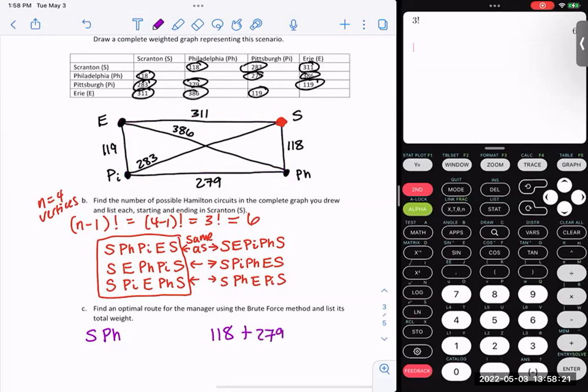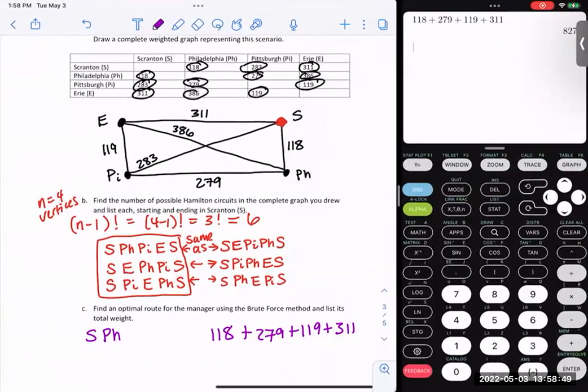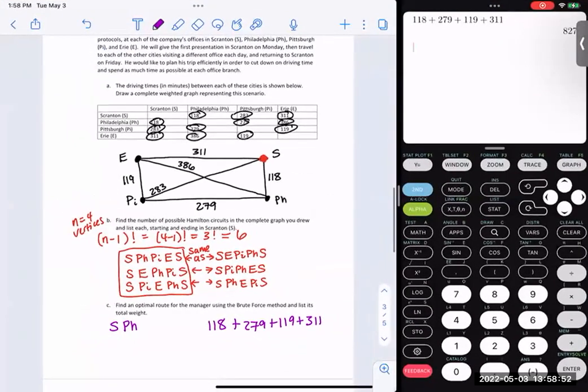So 118 plus 279 plus 119 plus 311. On my calculator I've got 827. That one would be a total of 827 minutes.